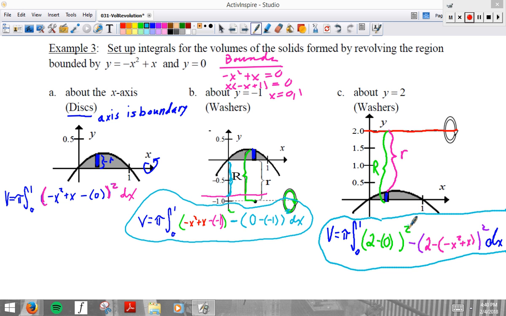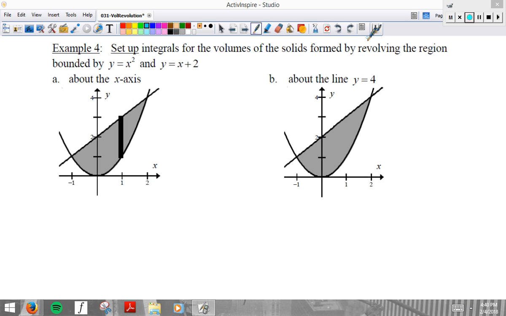Two more examples. Here we go. Set up integrals for the volumes of the solids formed by revolving the region about the x-axis. All right, here we go. So I have x-axis. So I know I'm going to draw a rectangle that's perpendicular to the x-axis.